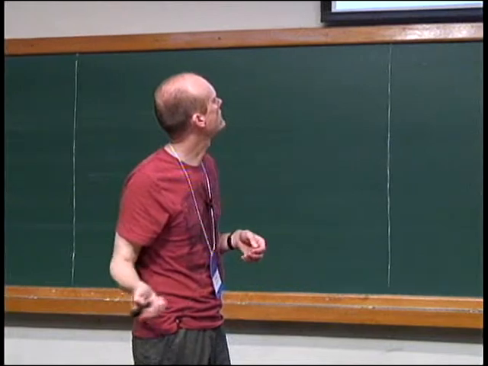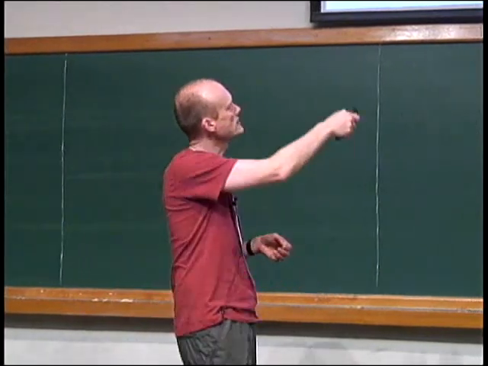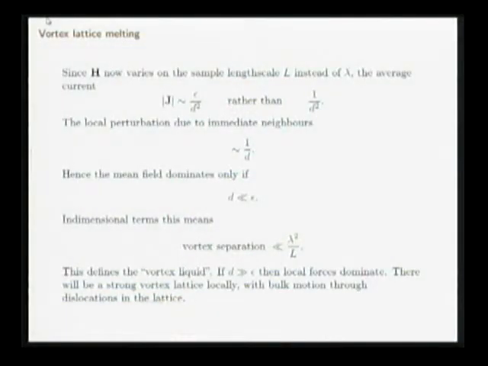But the thing is that if h is varying on the sample length scale, due to whatever I've applied in terms of boundary conditions, then the electric current is the curl of h. And so when I take the curl, that involves a derivative.